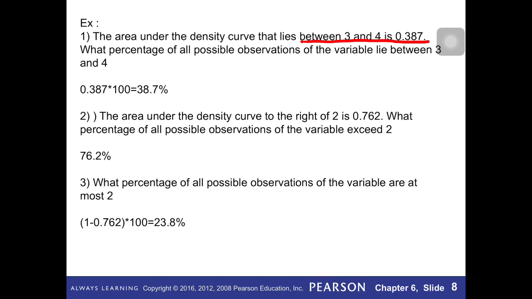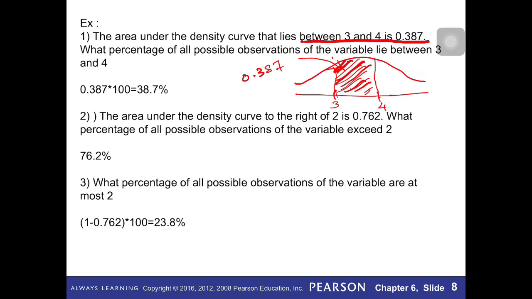So this is the density curve. Here we have 3 and here we have 4. They are telling us that this density curve area between 3 and 4 is 0.387. Clear?